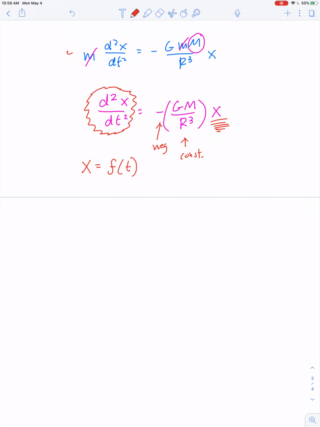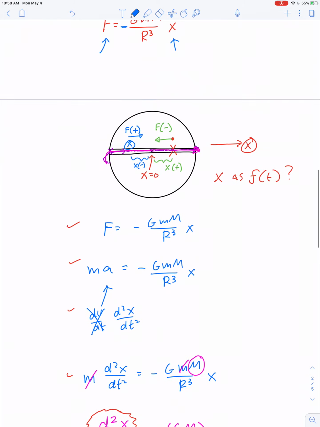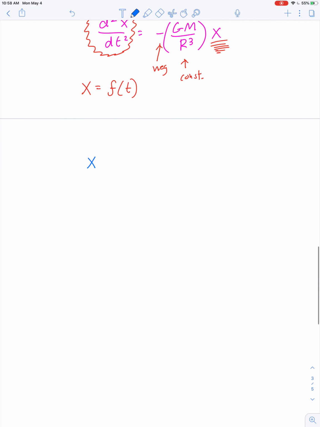A couple of different equations come to mind. What if the position of the object falling through the center of the Earth was described by this equation? What if it was equal to e to the some constant times t? Let's make that a guess.